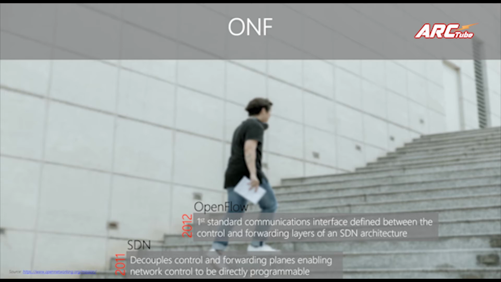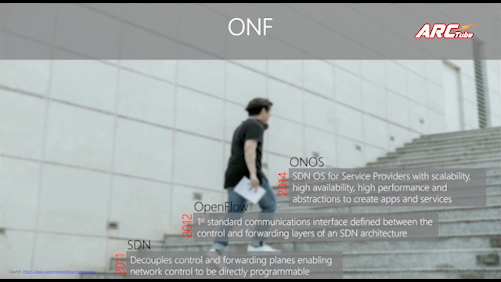And by the way, as I have already mentioned, OpenFlow is not the only southbound protocol that we have for SDN, but there are several other protocols, but OpenFlow is one of the initial protocols that we started using. And then in 2014, Open Network Operating System was introduced by ONF, an SDN operating system for a service provider with scalability, high availability, high performance, and abstractions to create apps and services.